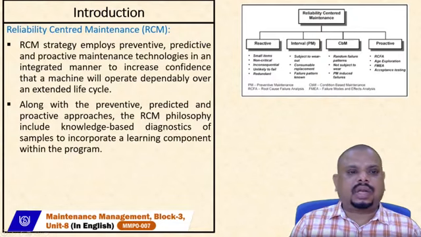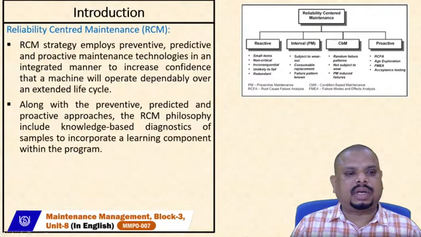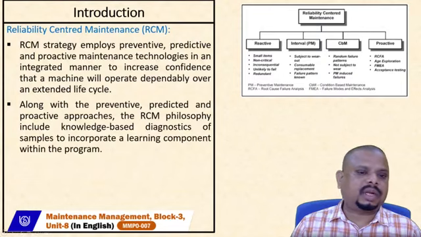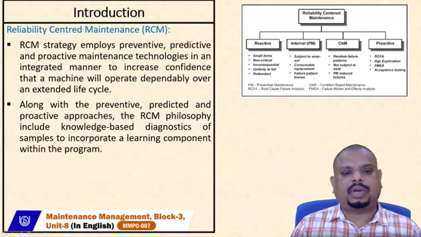The next part is the fundamental concept of reliability centered maintenance, which is a strategy employed by combining preventive, predictive, and proactive maintenance technologies to increase the confidence that machines will operate dependably over extended life cycles.